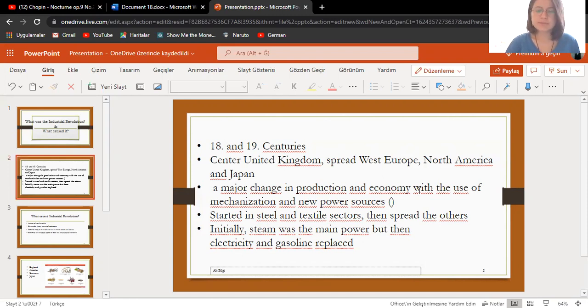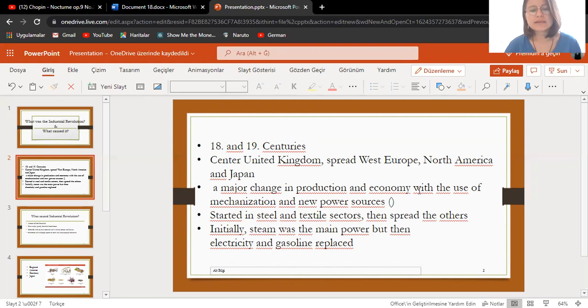The steam engine created a boost in production, and that game-changing use of steam led the world to a new era, and that is what we call the Industrial Revolution.